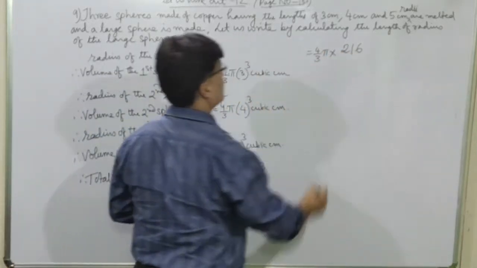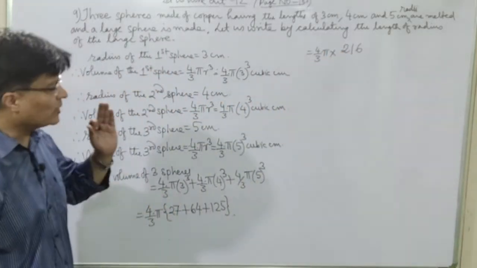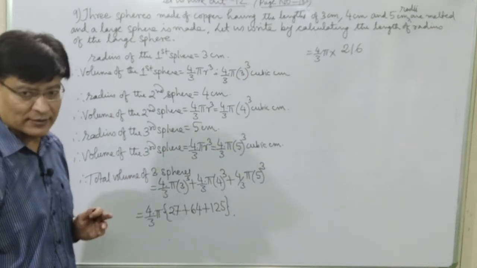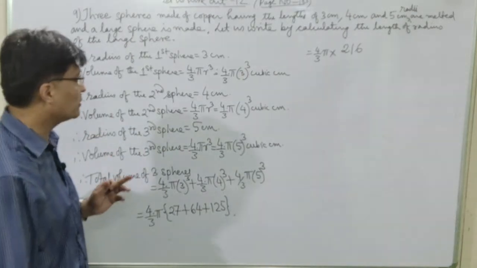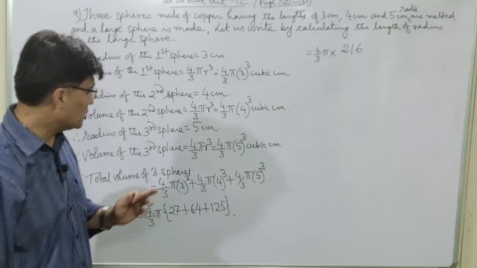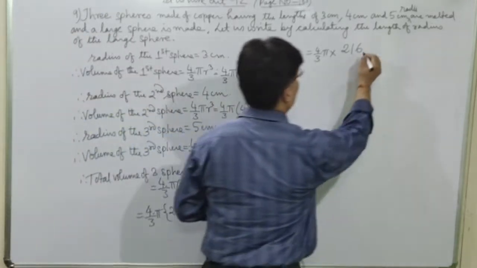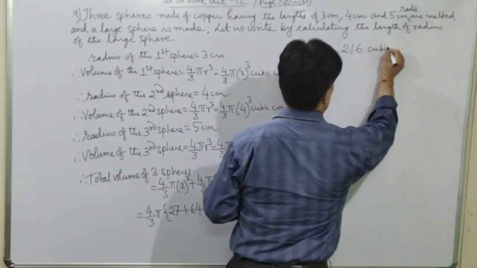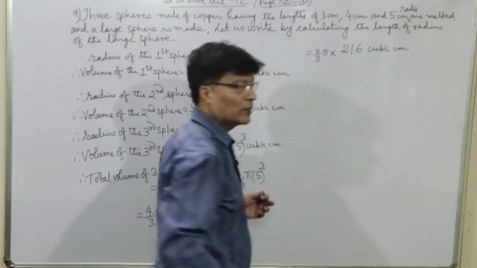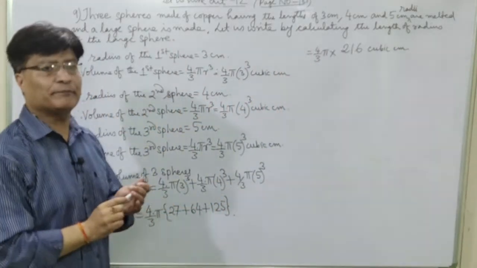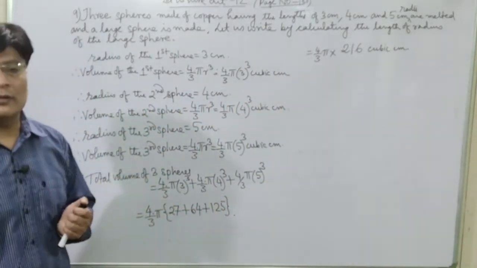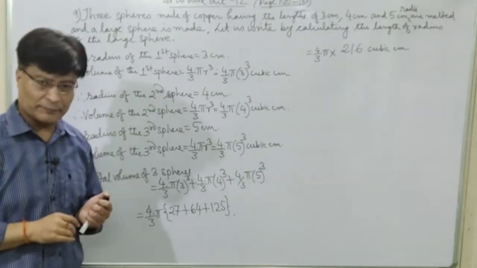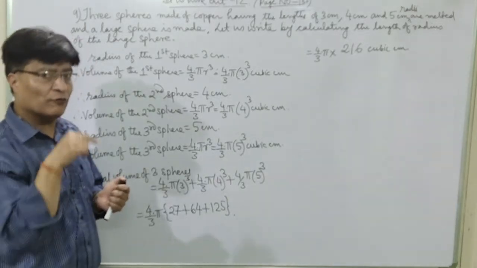So this is your 216. So let us keep it as it is. Don't simplify it. Okay. So this is 4/3 pi 216 cubic centimeter.